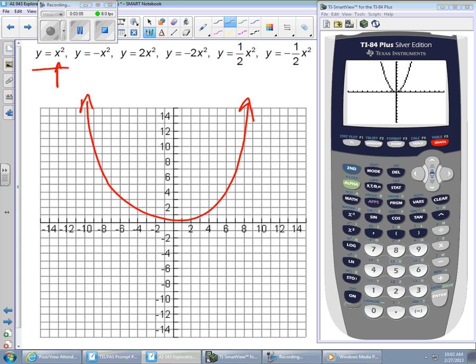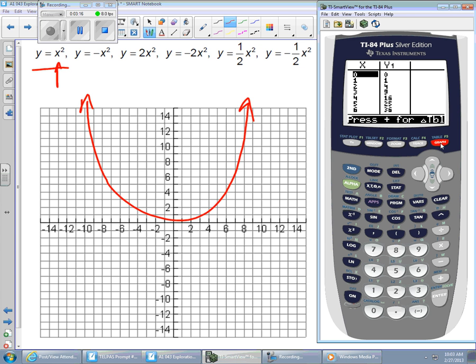I want you to actually plot points in your graph, either by plugging in values for x that you make up, or by using the table on your calculator.